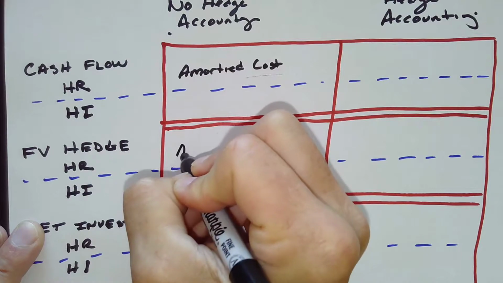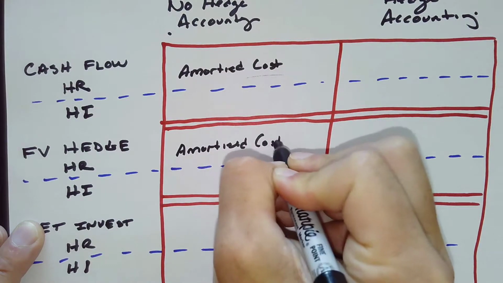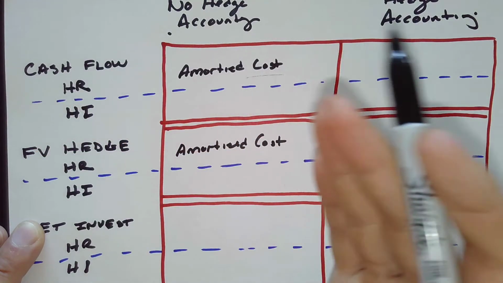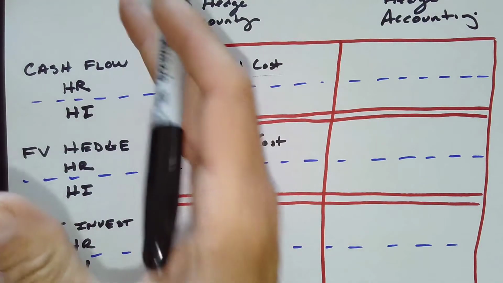Same thing here, amortized cost, or lower of cost or net realizable value, lower of cost or market, whatever the accounting is.